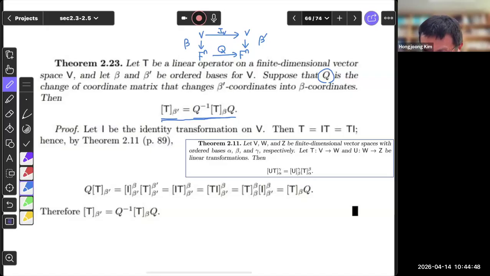Let I be the identity transformation on V, denoted by I in this slide.